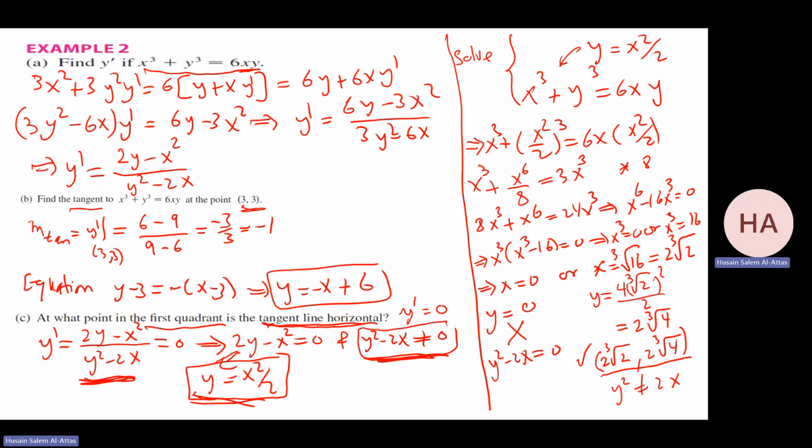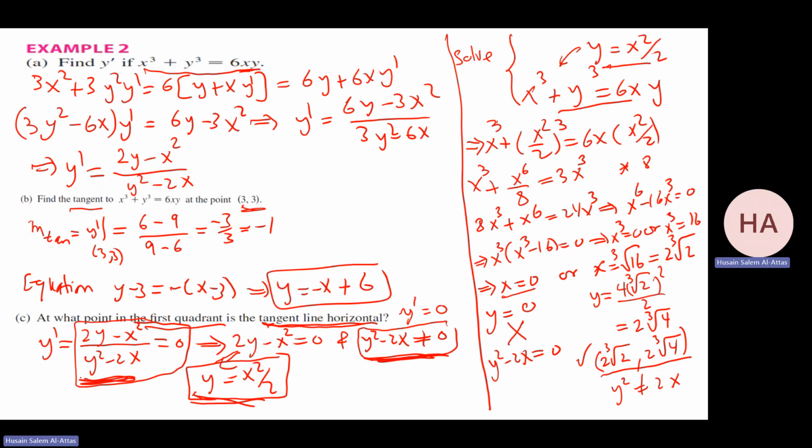Yeah. I hope it's clear what I did. Now I have an expression equal to 0, but I have y and x. I solve for y equals something in terms of x. So I need to solve both equations, since this point of tangency satisfies the original equation. So I have this one and this one. I solve them. I get this. I have x equals 0, which means y equals 0.